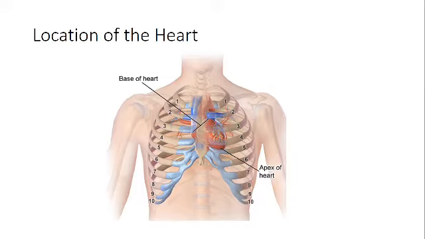For example, when the apex, instead of being at the fifth left intercostal space, mid-clavicular line, is found in the sixth left intercostal space, anterior axillary line, the condition is called cardiomegaly, meaning that the heart has increased in size so much that the apex has gotten to the sixth left intercostal space.